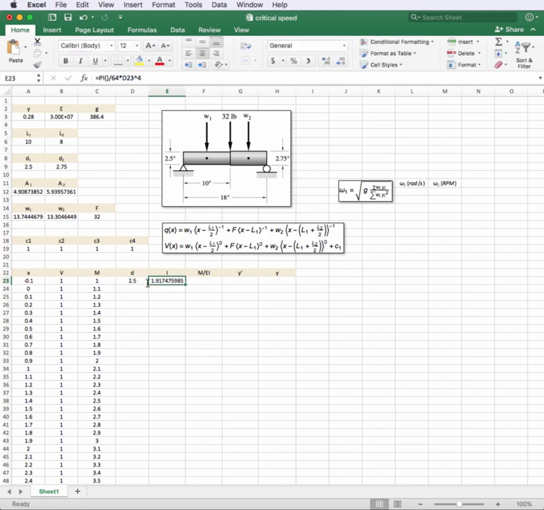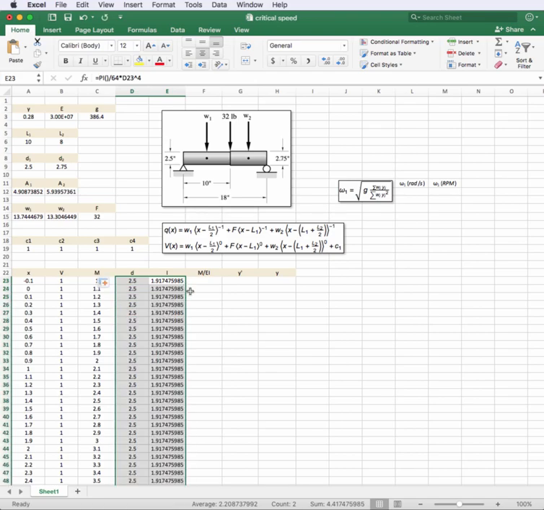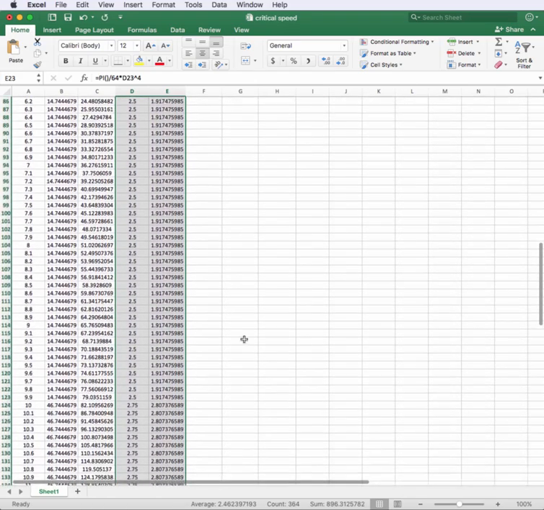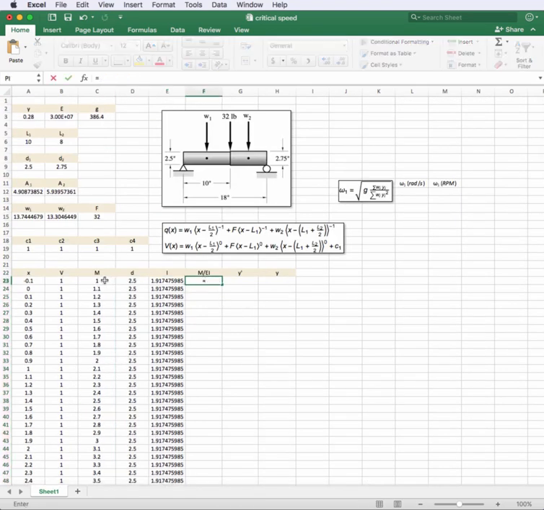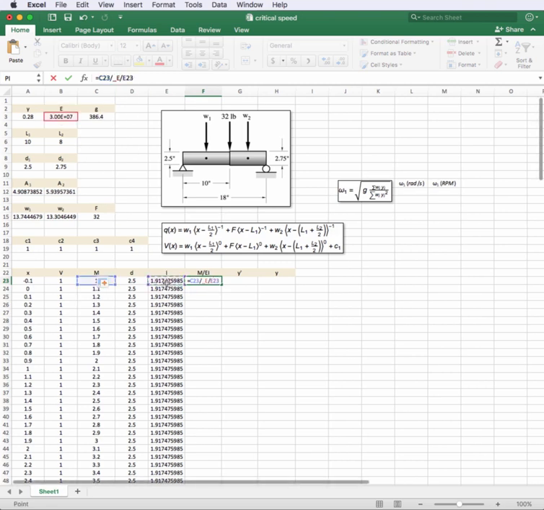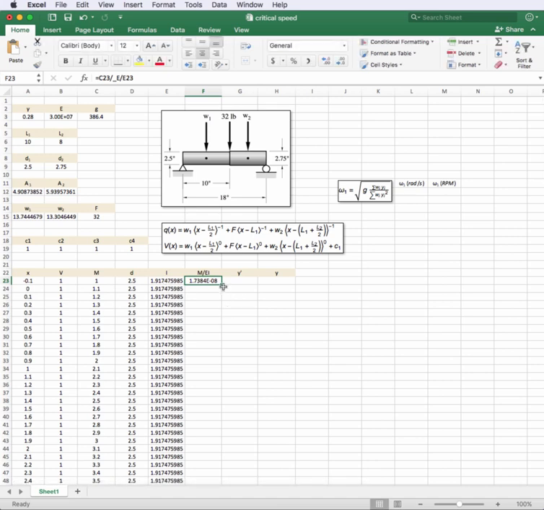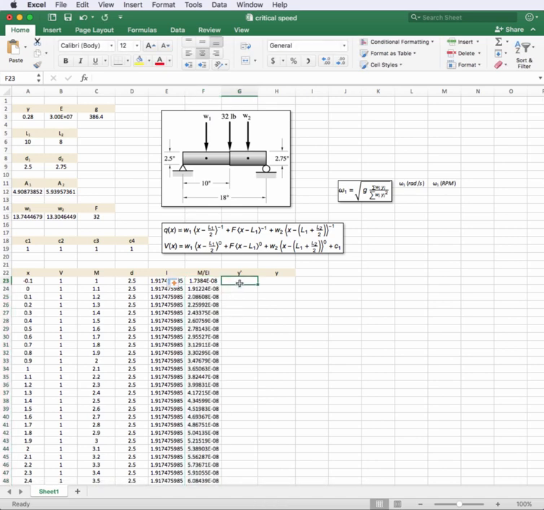So I can take both of these guys now and carry them on down. So it switches right here at 10 inches, right? M over EI is just going to be equal to M divided by E divided by I, like that. Click that down. And now we're ready to do the next integral on M over EI right there.